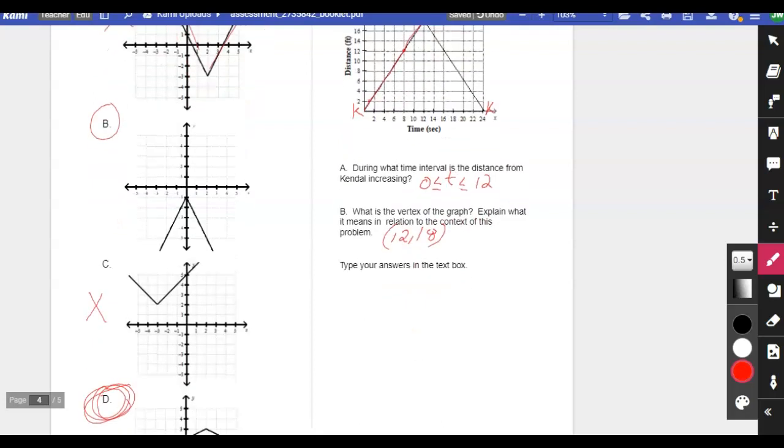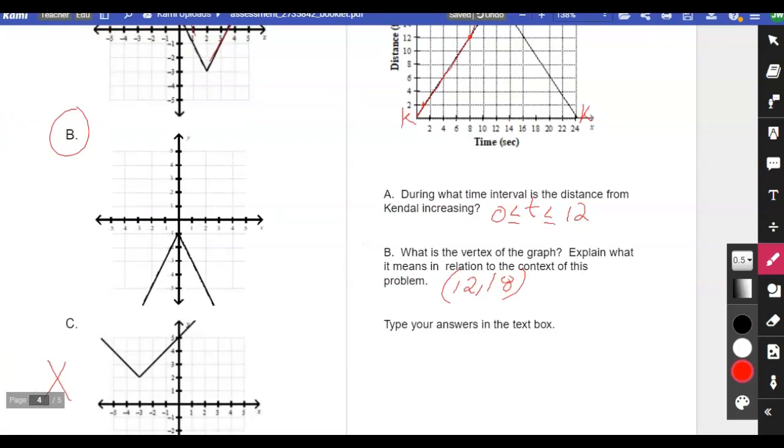And this is another thing that people got wrong. What does this vertex mean? A couple things it could mean. That's when the ball is 18 feet away from Kendall.